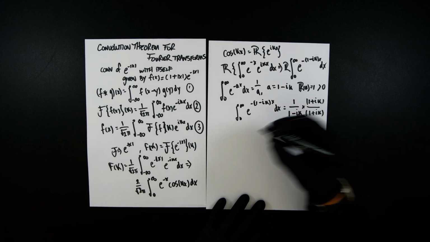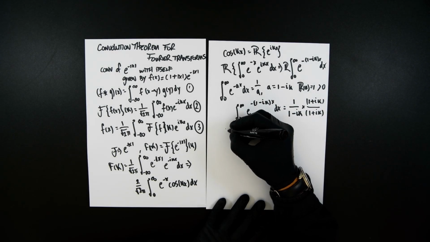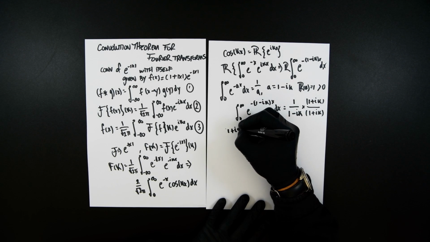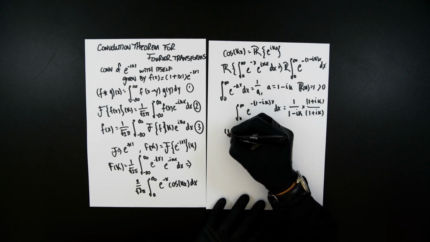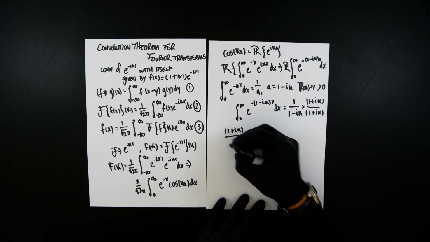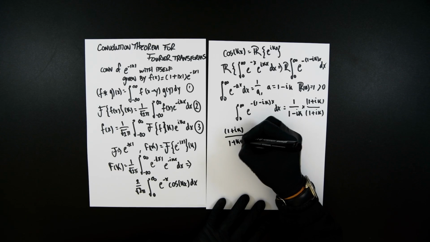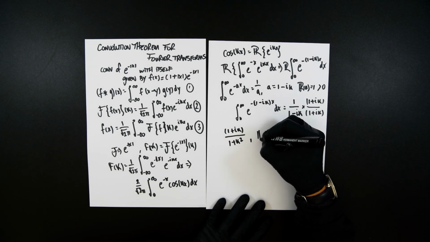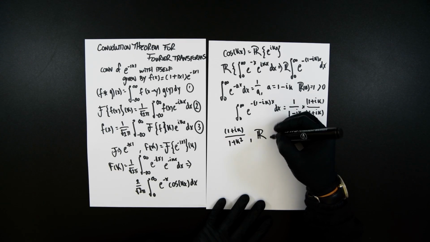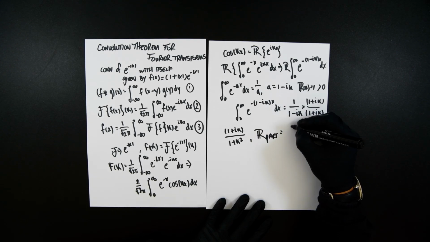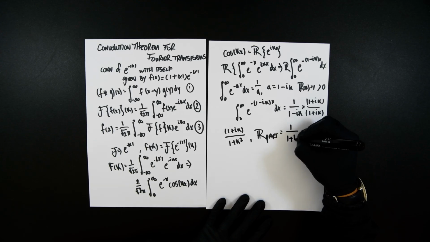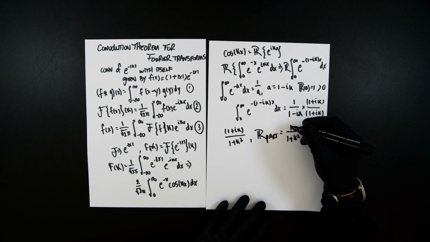Multiply this across, so you're going to get 1 plus ik, and then this expanded is going to be 1 plus k squared. So the real part, we're only looking at the real part, is going to be 1 over 1 plus k squared.